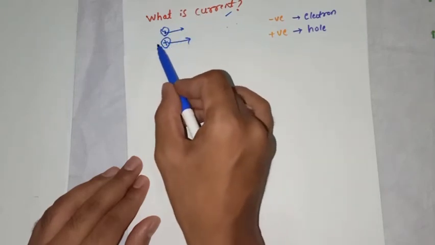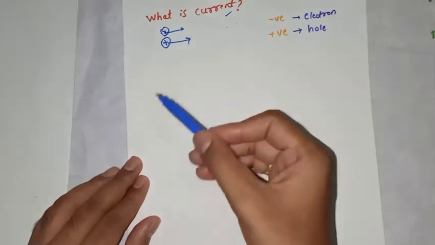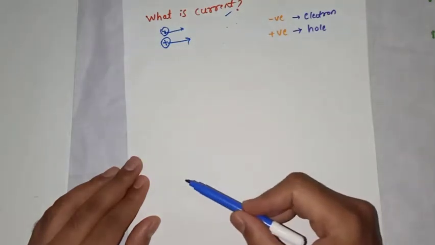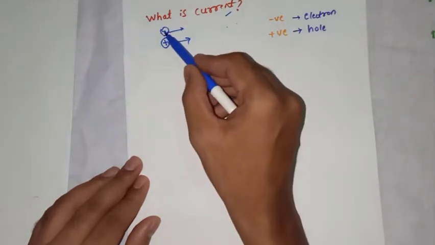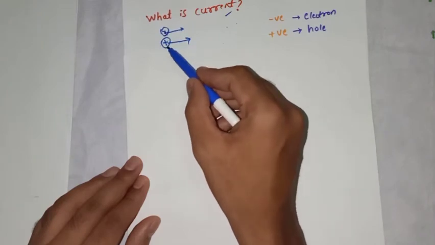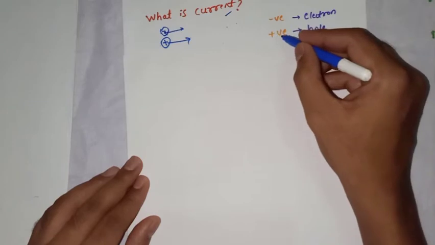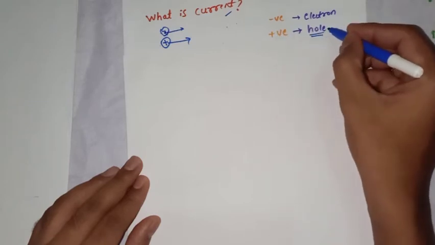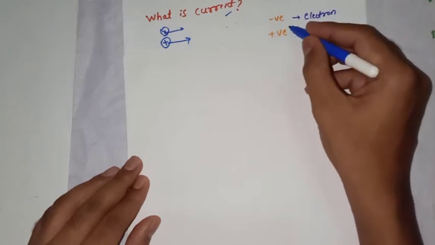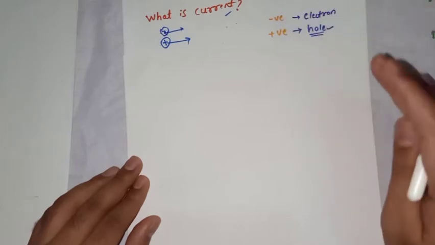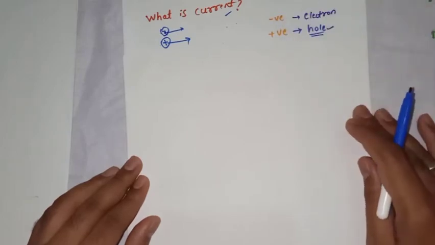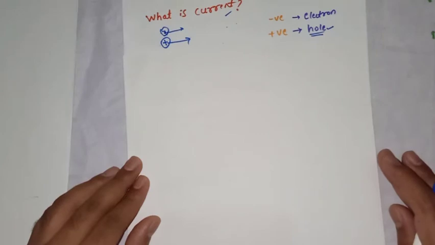If more holes are flowing from one place to another place, more current. So electrons are negative charge and holes are positively charged. In this chapter, we are using holes, that is positively charged, and electrons, that is negatively charged. So this is about the current.